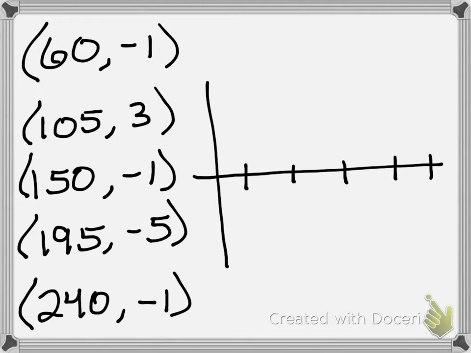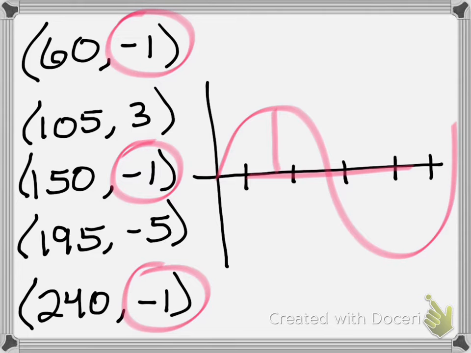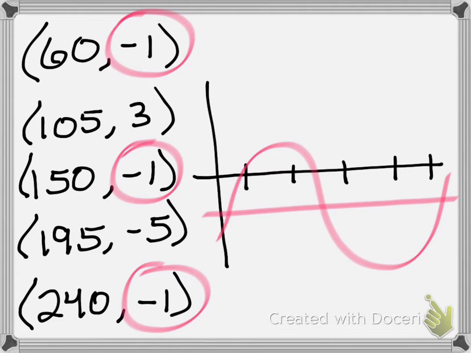What you kind of notice is your first, middle, and last y values should be the same. That's kind of like our x-axis here with the amplitude, looking at that. But we know we had a vertical shift, so everything here got moved down 1, like so.